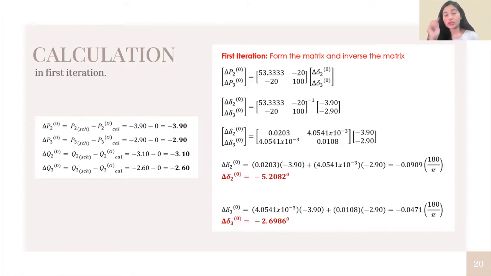May negative 1 dun, di ba? So yun lang, you have to inverse that, then equals, then we will get an answer of 0.0203, 4.05 for 1 times 10 raised to negative 3, 4.05 for 1 times 10 raised to negative 3, then 0.0108.